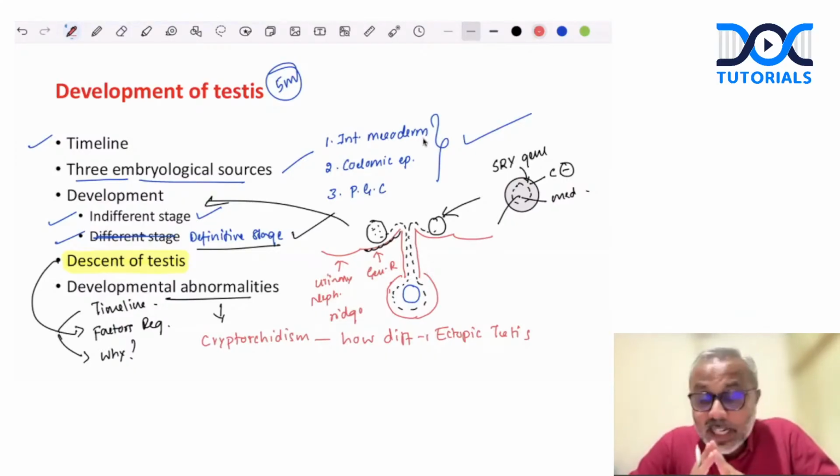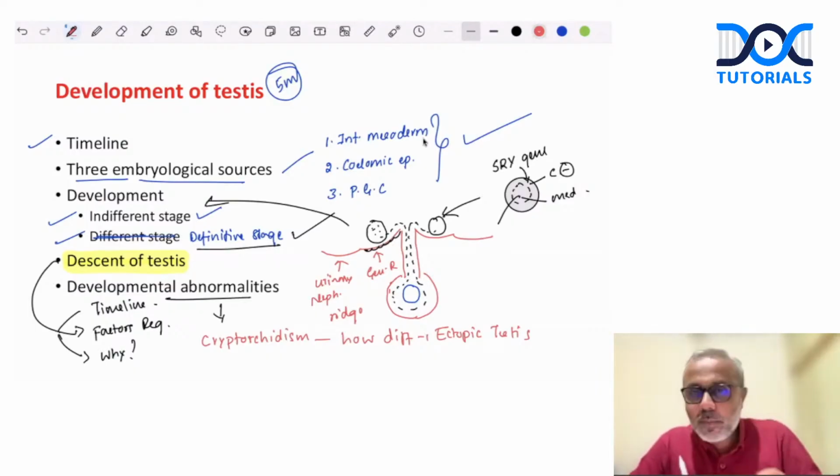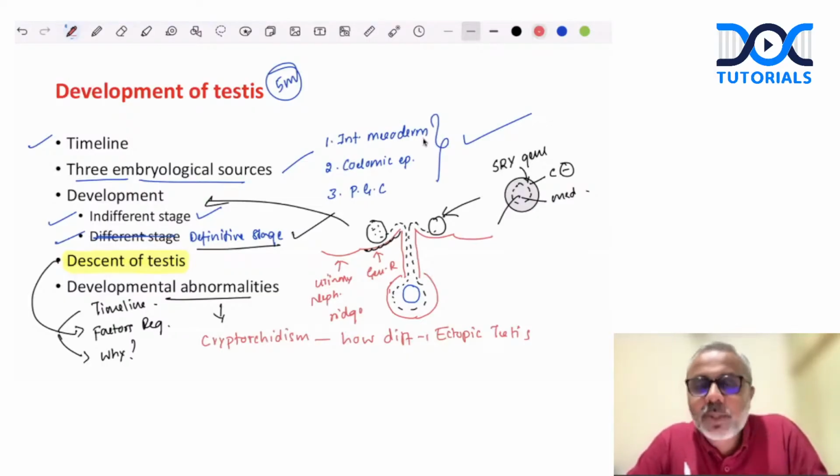I'll repeat again. The way you present your answers has a lot of weightage. I'll keep repeating. Almost all the evaluators are likely to spend about 2 to 3 minutes evaluating your paper. In those 2 to 3 minutes, you need to convince your evaluator that you have written everything. How do you do it? By presenting your answers well, right?